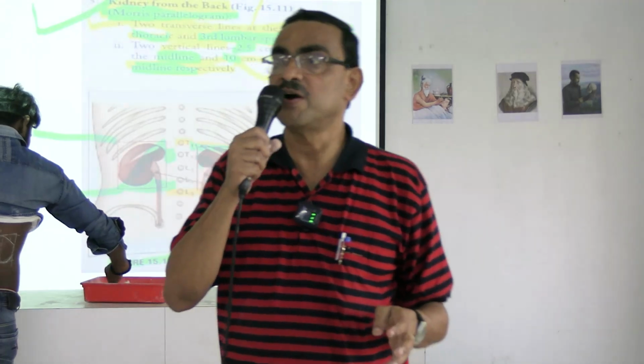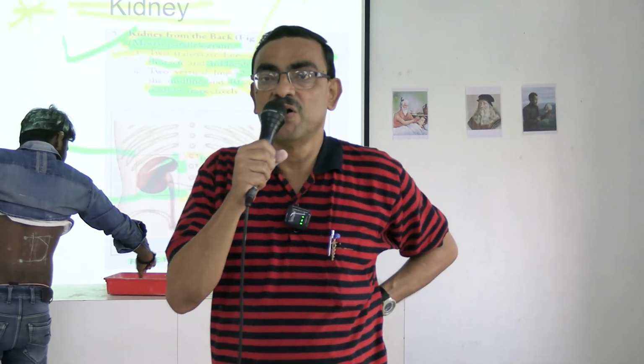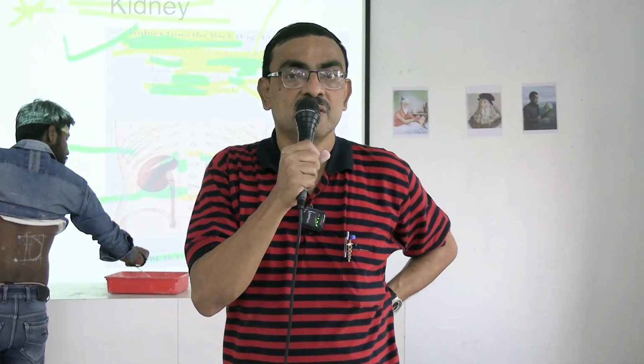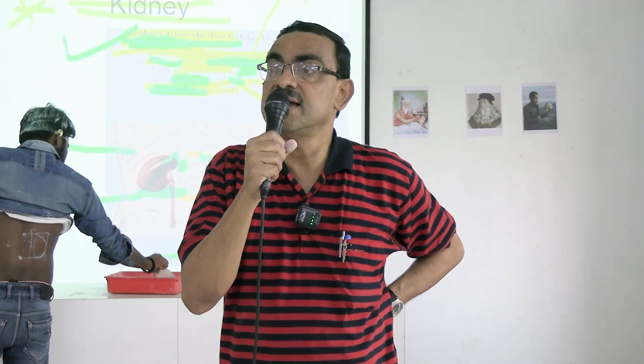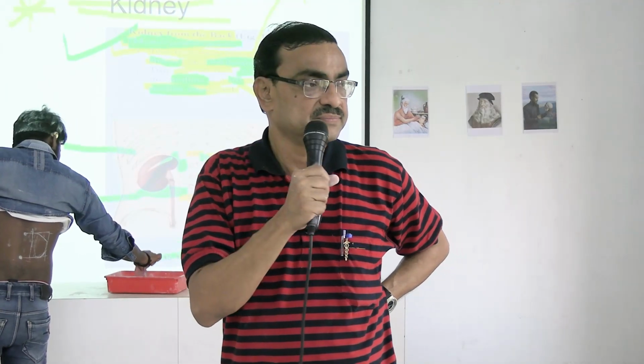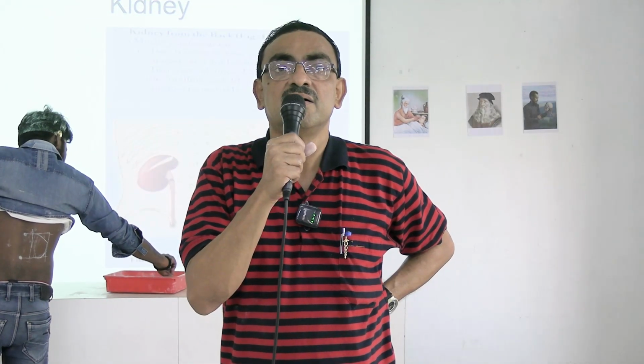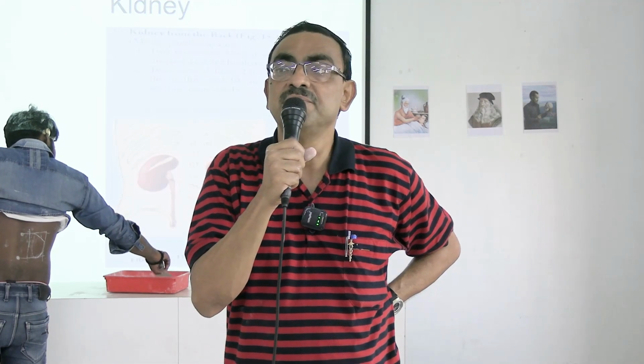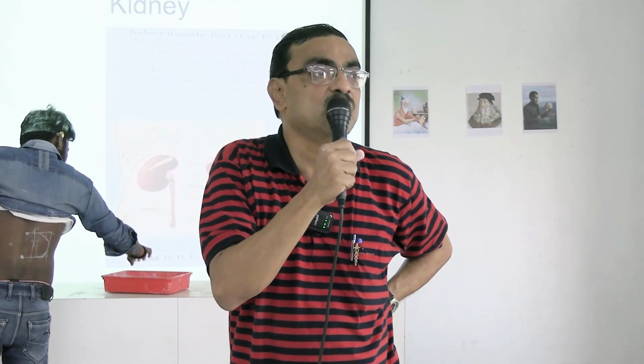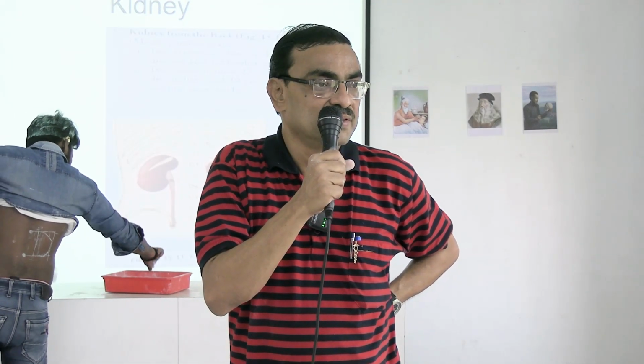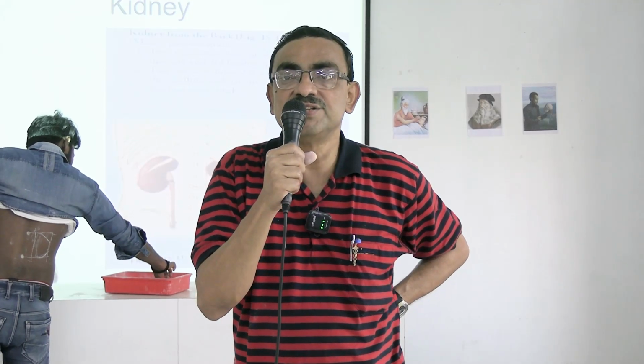So, what is the importance of this Morris parallelogram? The kidney is approached and dissected from the back. What is the surgical anatomy of the kidney? Nephrectomy, removal of the kidney, partial or full.